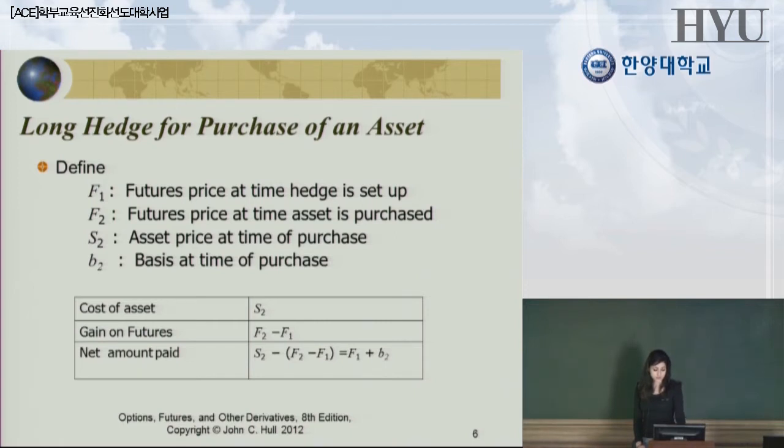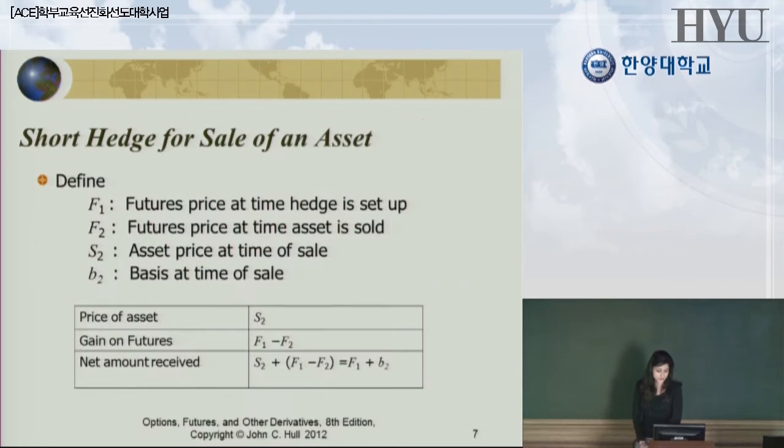As we say, the gain on the future is F2 minus F1, and then you can read the net amount paid, which is the difference between the two times, time one minus time two. So that is for long, and this is the difference with the short one.